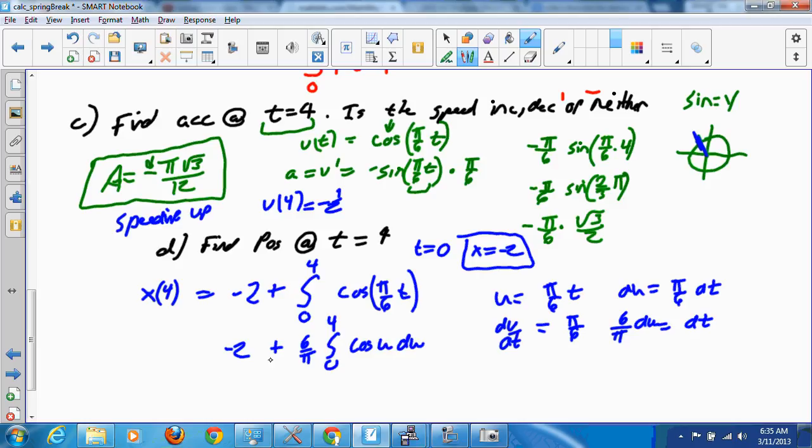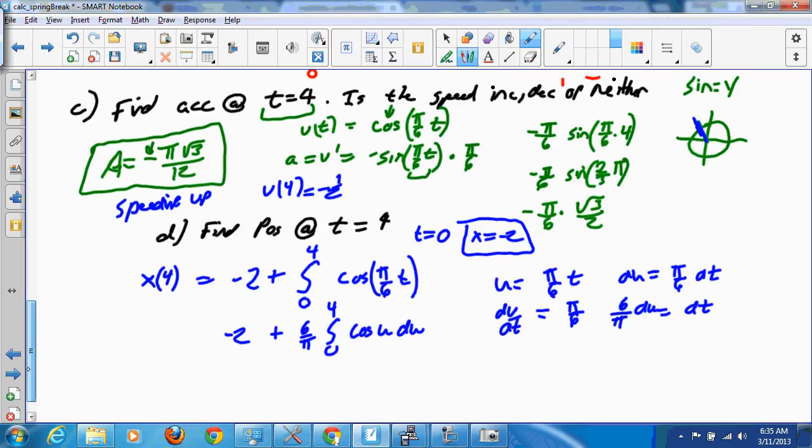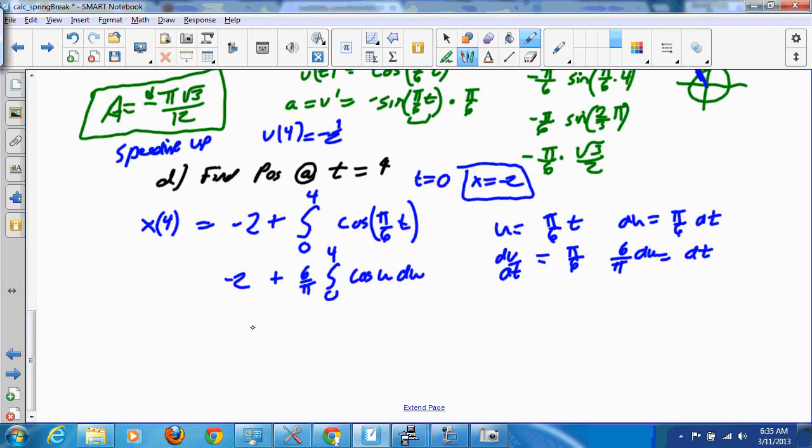Alright, now we can continue taking the integral of this, and we get a -2 plus 6 over pi sine of u. Go ahead and substitute back in our u value, and we're just going to check this thing out from 0 to 4. Okay, let's see how far they want us to take this.